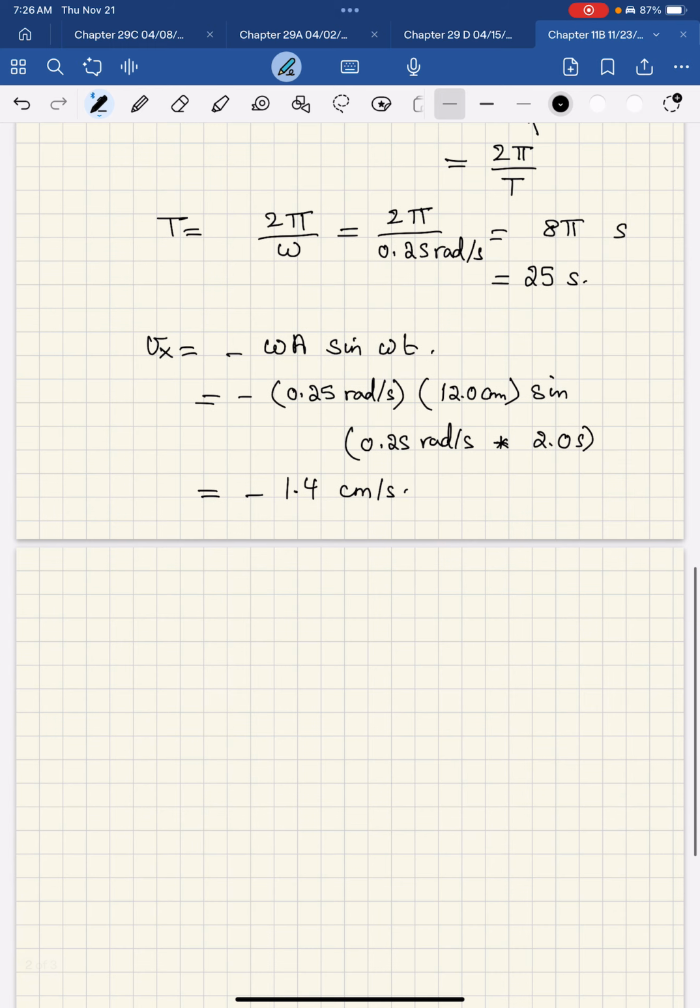In the same way, remember, when you enter this number into your calculator, your calculator should be on radians.